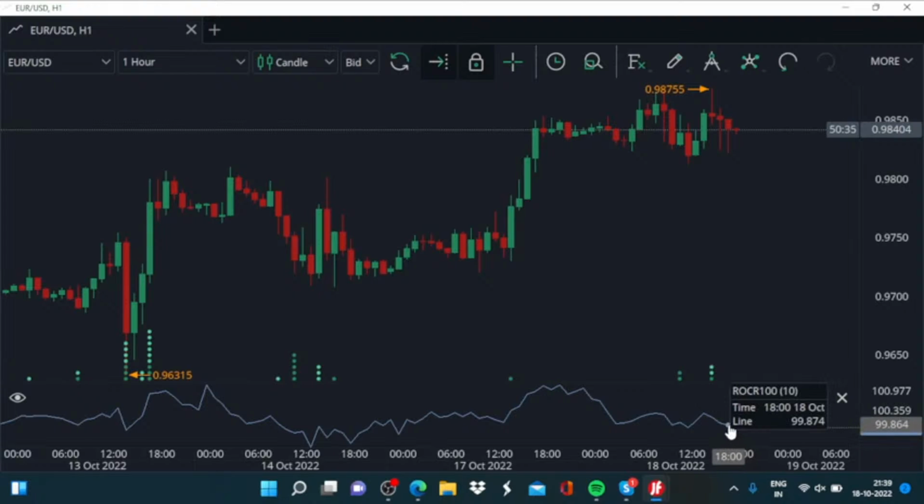So if it is lower compared to the value which prevailed 10 hours back, then we will have the output below 100.